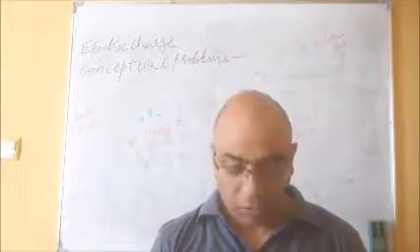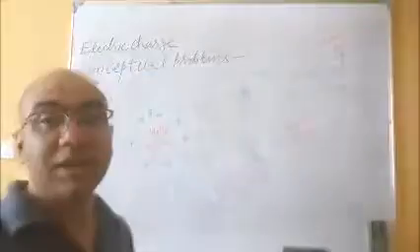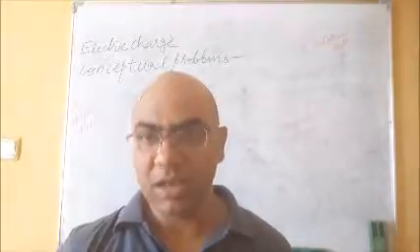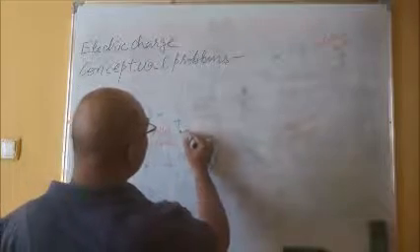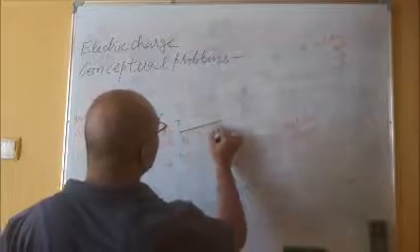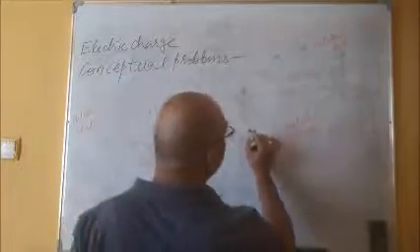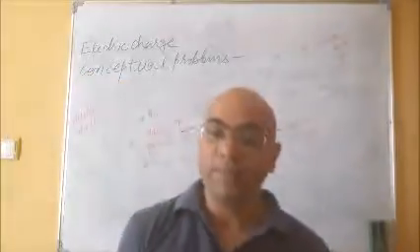So now what I am doing, I am connecting both the metallic bodies, the metallic shell and the metallic sphere, through a conducting rod. Here also I am connecting it through a conducting rod.